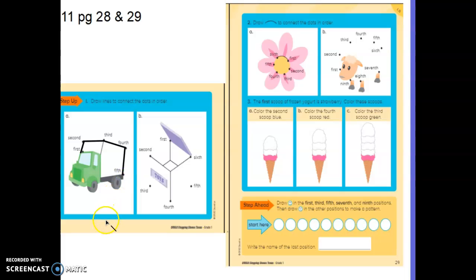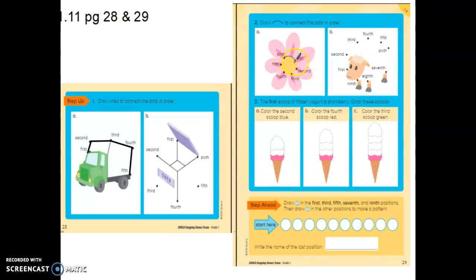Oh, that was easy. You do the same thing over here. Start with first. And then 2A says draw lines to connect the dots in order. So we have first, second, third, fourth, fifth, sixth. So I could finish the circle on my flower. You can do the same thing for B.